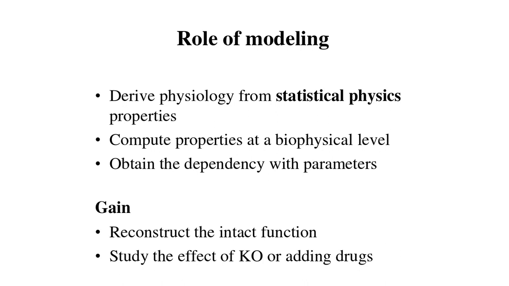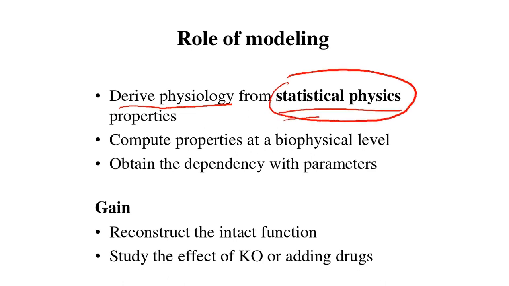Now the role of modeling is not only that we would like to derive some physiological function, but we would like to do this using basic statistical physics principles. So we would be interested in computing various biophysical properties and obtaining the dependency on parameters.